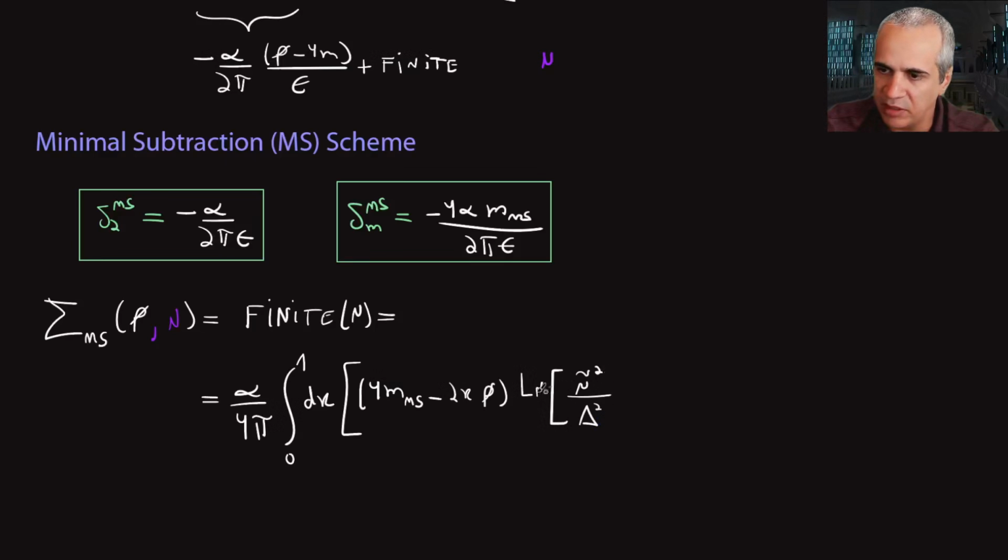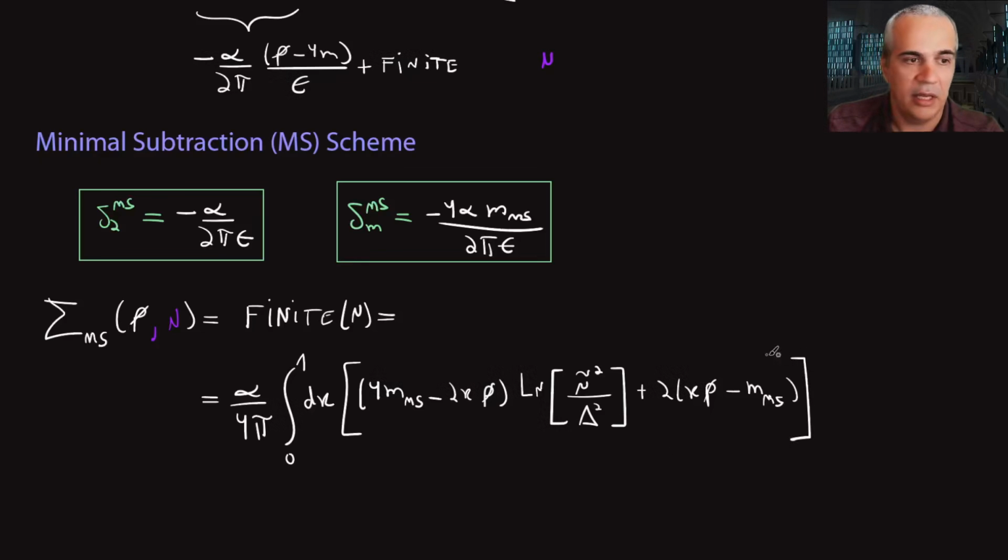It will be everywhere there, so I will not be repeating it anymore. Plus 2x p slash minus M in the MS scheme, sometimes called the MS mass or renormalized mass or running mass, as we'll see shortly. And so this is it.